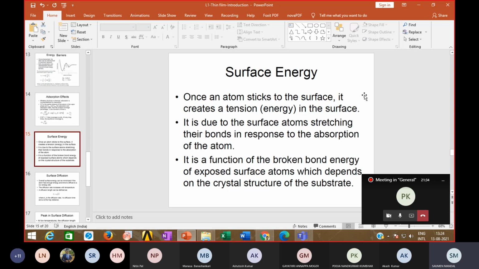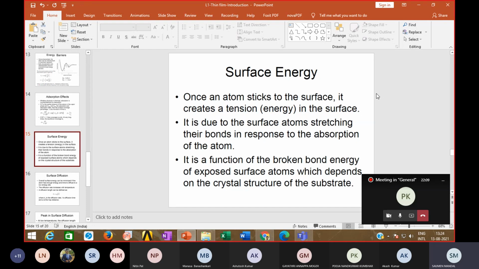Then we calculate the broken bond energy, which is easy because we know the bond energy. Whatever the bond energy, divided by 2 will be the broken bond energy. If you calculate per mole how many broken bonds there are on the surface, that energy is nothing but the surface energy.